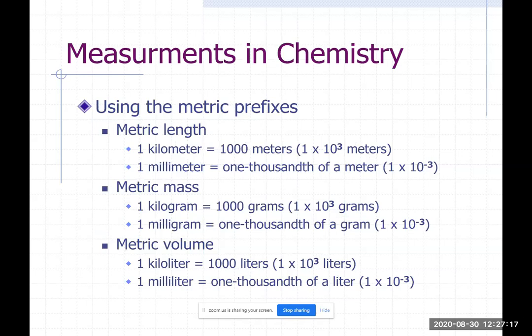In terms of metric length, metric mass, and metric volume, when you convert to the metric system, we're going to use the same values, the same powers of 10. That makes the system a lot easier because you don't have to memorize all of these different values. For example, in the English system, we could have length that is a yard or a foot or an inch or a mile.